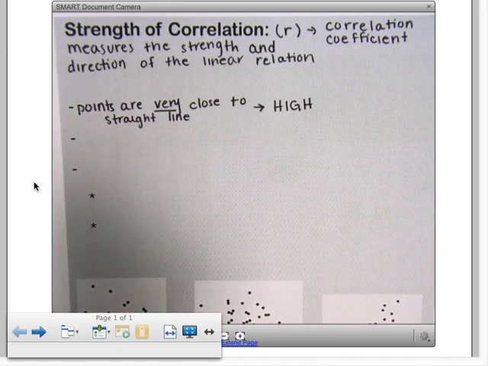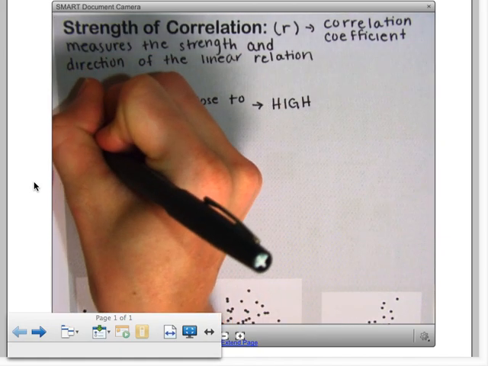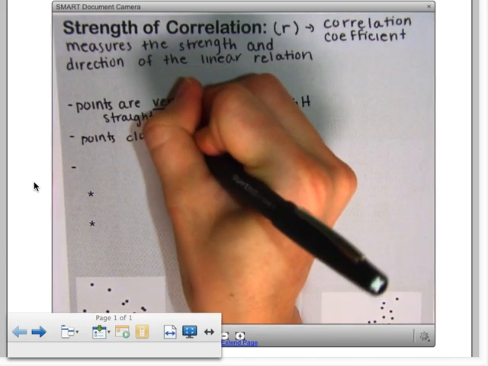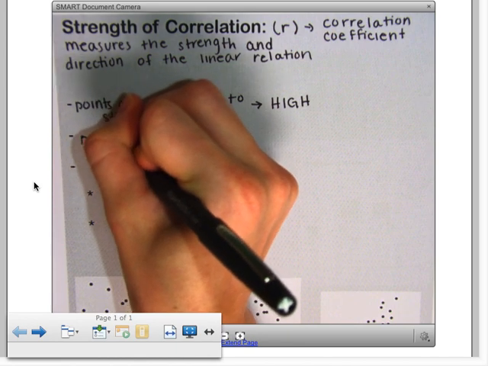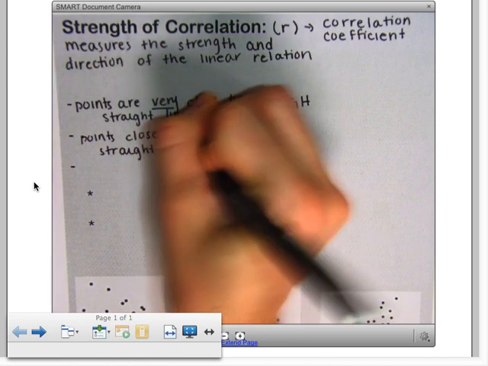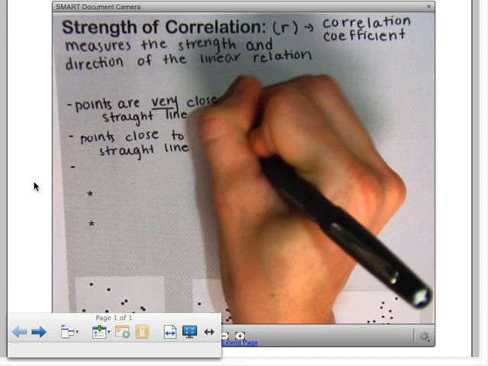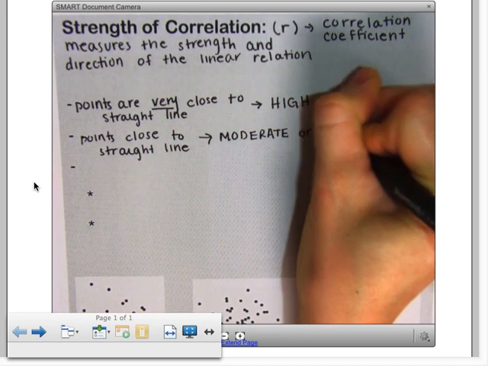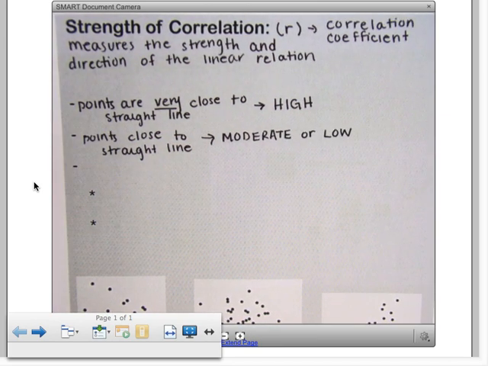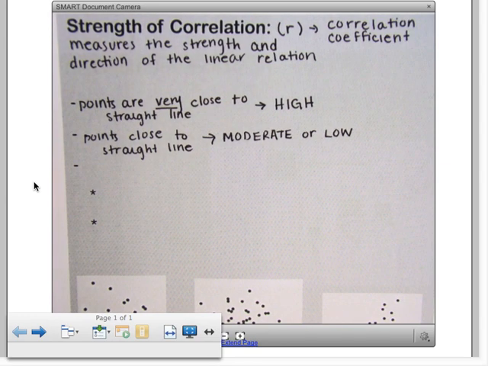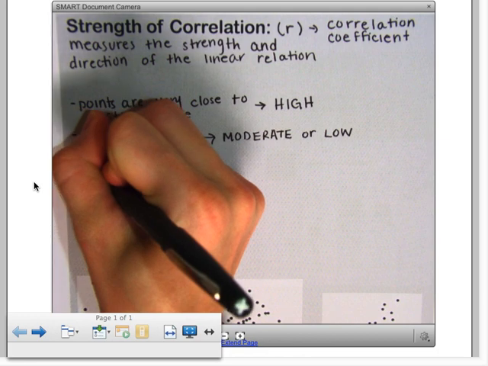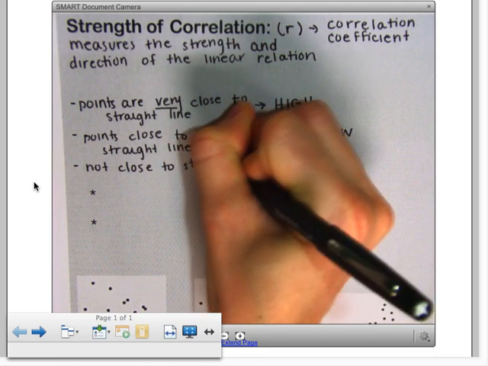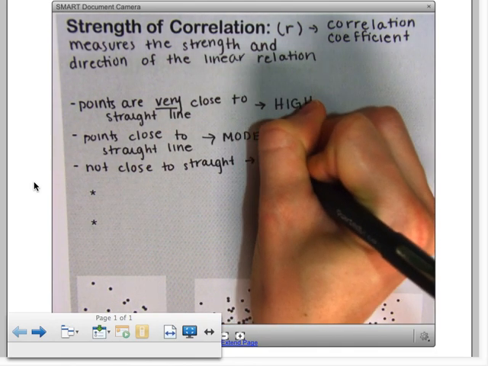Okay, second case, if the points are just kind of close, so we're just going to call it points are close to a straight line. Then this means that it's moderate or low. Okay, we're going to use both terms. So anytime it's semi-close, we're going to call it moderate or low. In the last case, if it's not close to straight, this just means that there is no correlation.